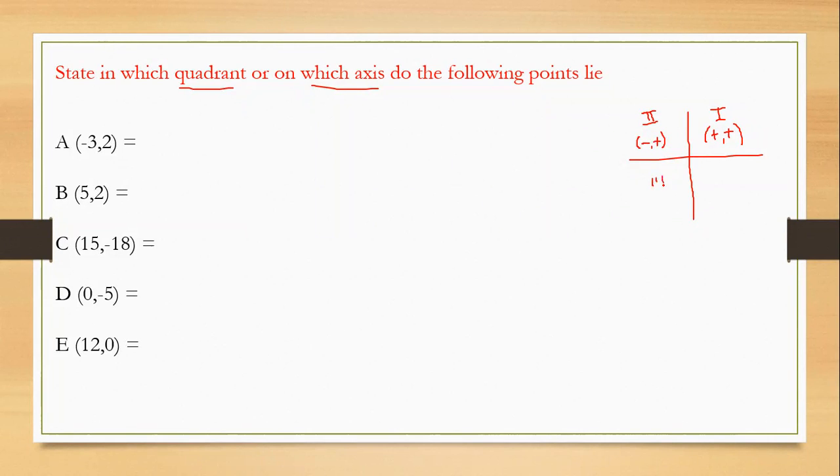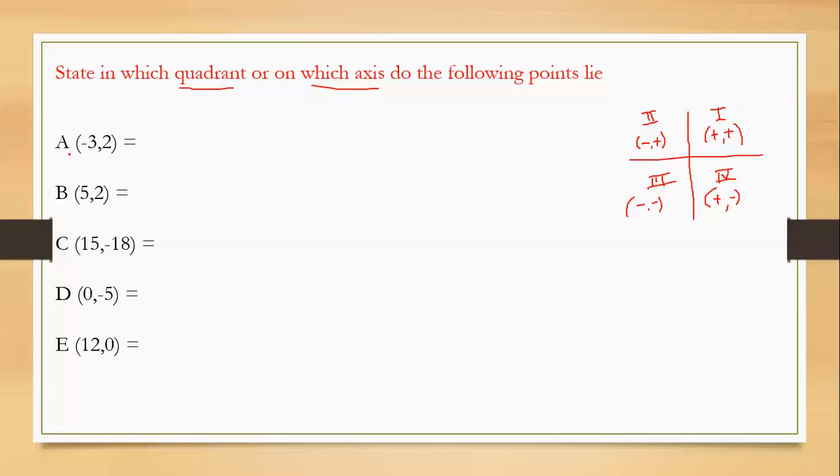Then we have the third quadrant, and the signs are minus, minus. Then we have the fourth quadrant over here, and the signs are plus, minus. So in the rough, always first draw this and then move to the sum. It will help us to solve it quickly.